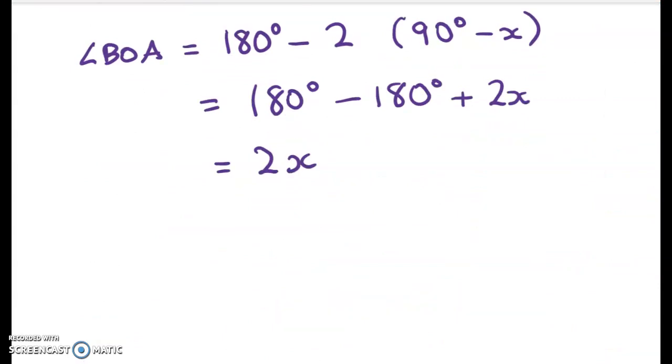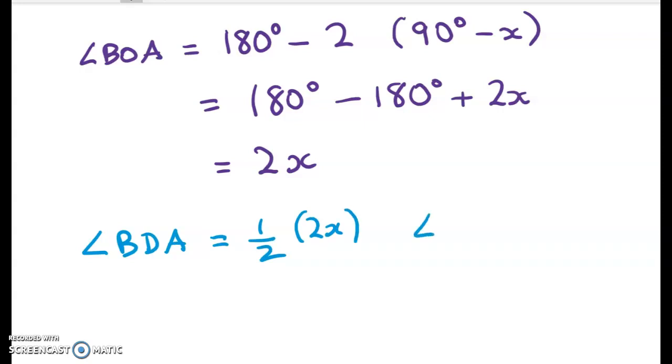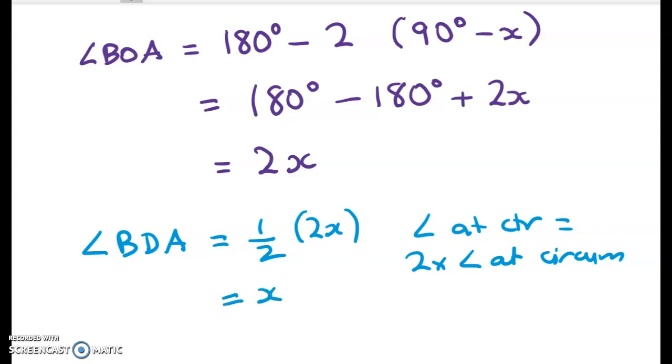So angle BDA is equal to half of 2x, and that's because the angle at the center is twice the angle at the circumference. So that equals x, and x was what we started out with.